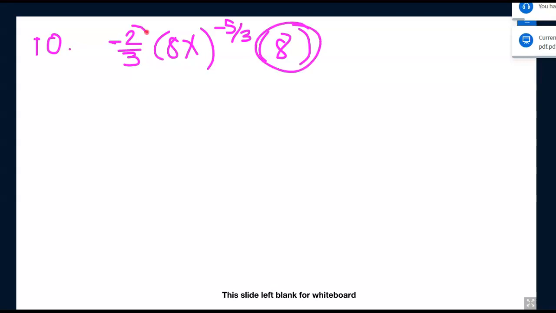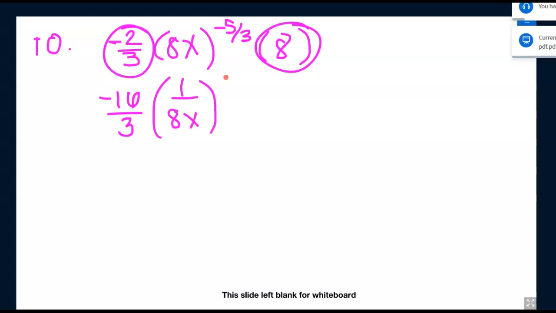So you can multiply your front numbers together. So you get negative 2/3 times 8. So when you multiply them together, you end up with 16/3, or negative 16/3 rather. I would drop my fraction so it's no longer negative on my exponent.